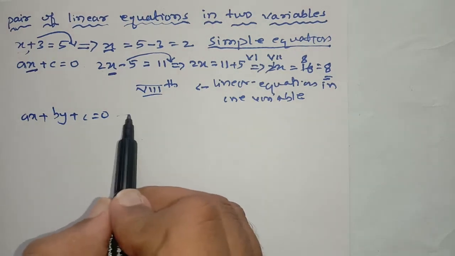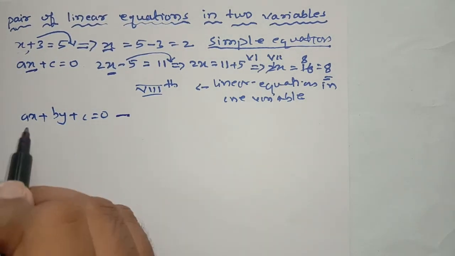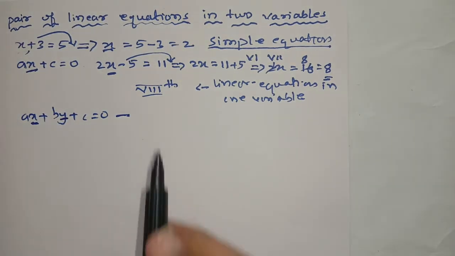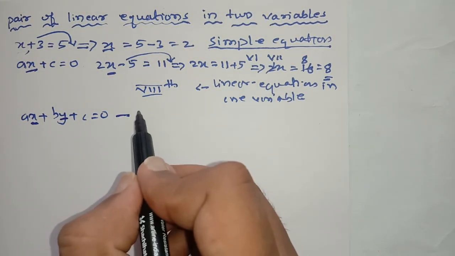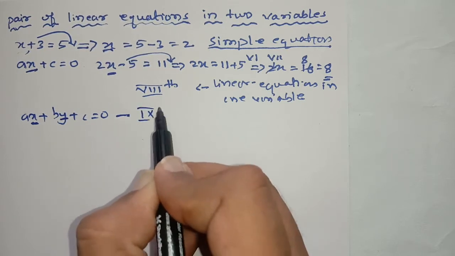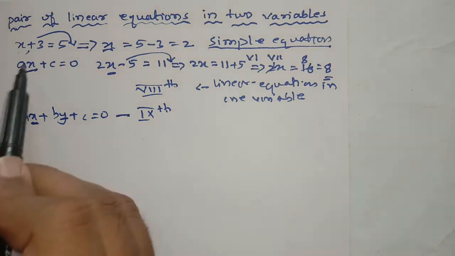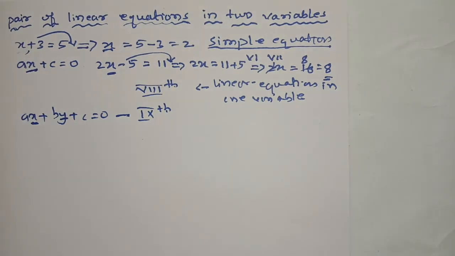So this you learn in 9th standard, linear equation in two variables. You see there are two variables. This is linear equation in two variables, and that was linear equation in one variable.